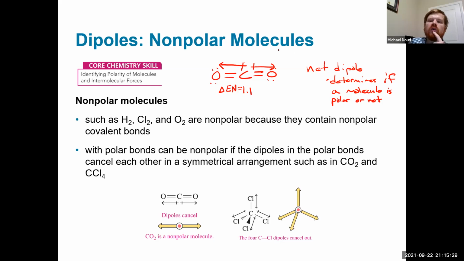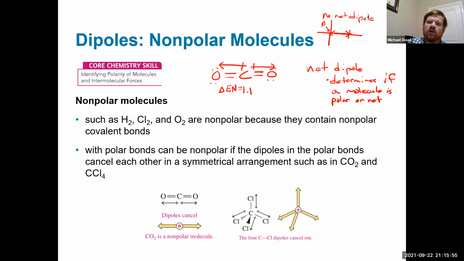Okay, so basically, if you've had a good math class on this, I think one of the calculus classes talks about vector addition. You can just add these 2 arrows together, and if they cancel each other out exactly, so imagine you take this arrow here and then take the exact opposite arrow here, you end up back at 0. That means that you have no net dipole.